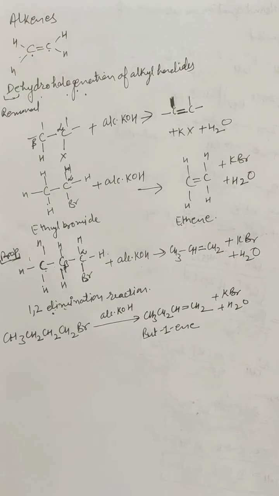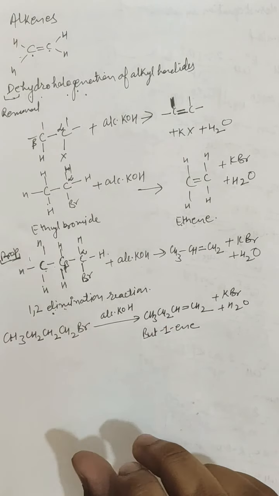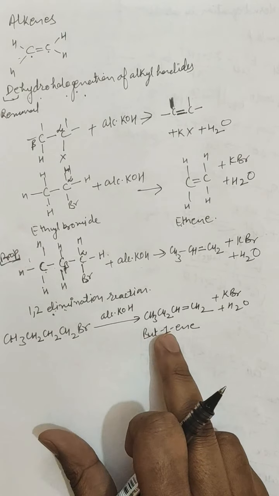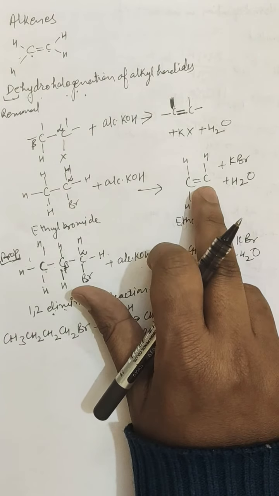This is called dehydrohalogenation where but-1-ene is formed, and when a single product is formed, our focus is on the number of products. Here a single product is formed, here also a single product is formed, here also a single product is formed.